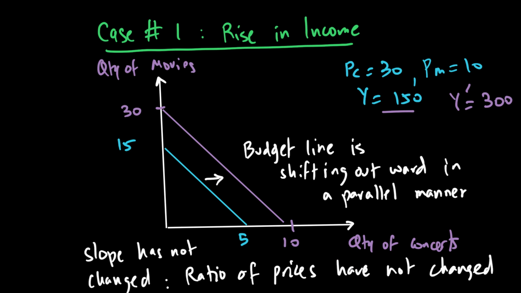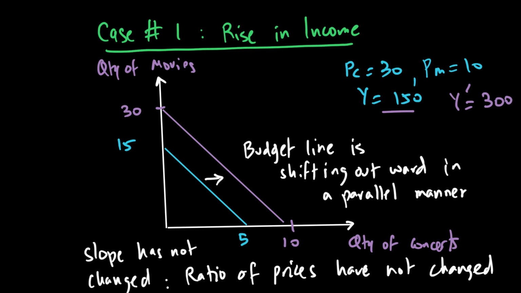So the budget line will still shift to the right in a parallel manner. The slope is still the same, which is going to be minus 3, because for every one concert we are sacrificing 3 movies. So this is the first thing we need to understand. A rise in income will cause the budget line to shift to the right in a parallel manner.